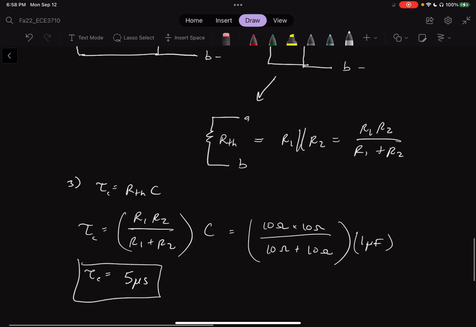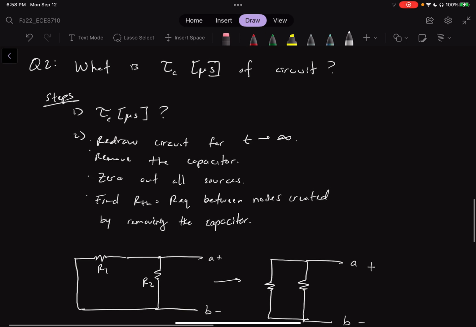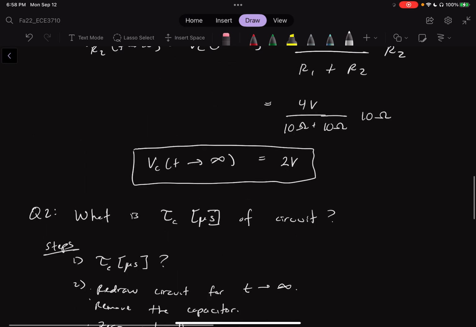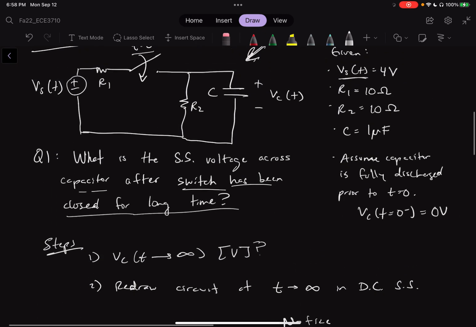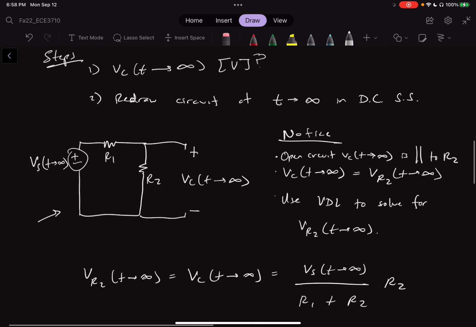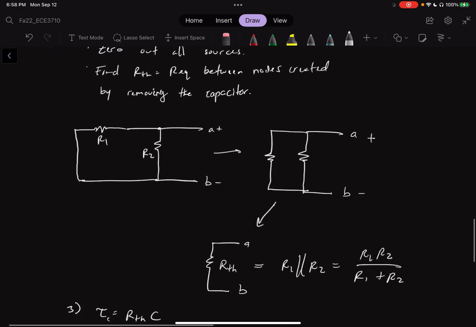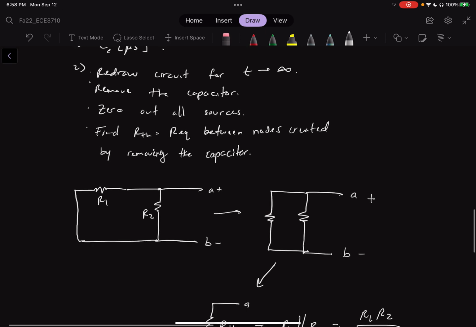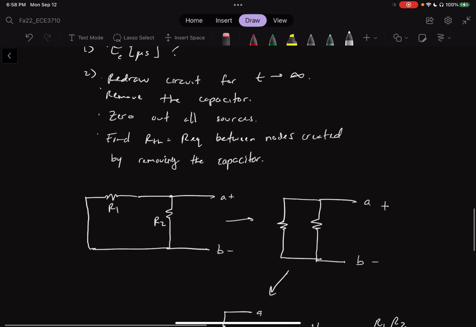All right, so let's recap. What is the time constant of the circuit? Well, we look at the circuit and realize that we need to redraw the circuit for time approaching infinity. By redrawing the circuit for time approaching infinity, removing the capacitor, and zeroing out all our sources, this is what we are left with.